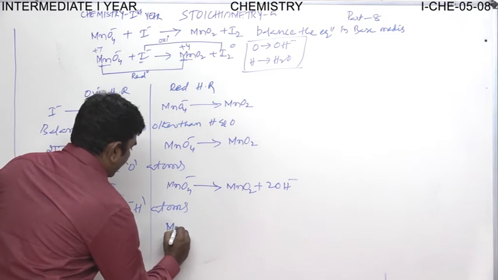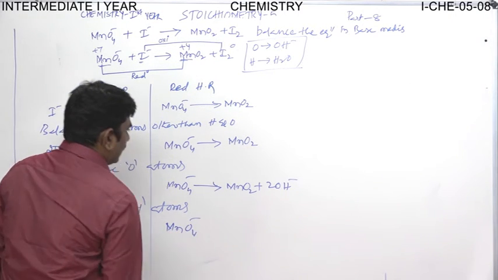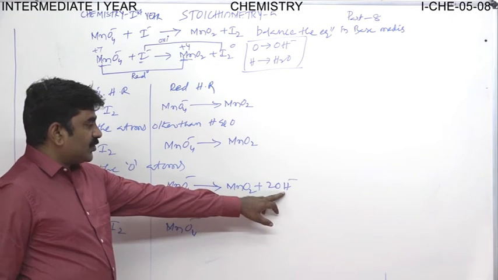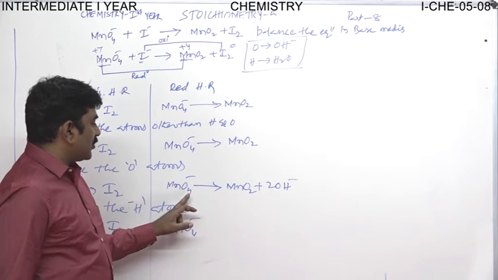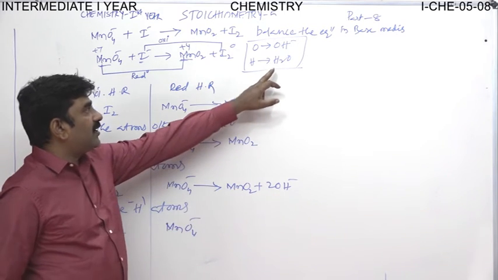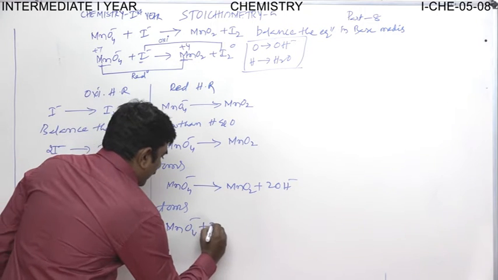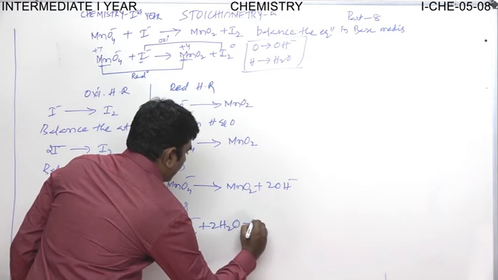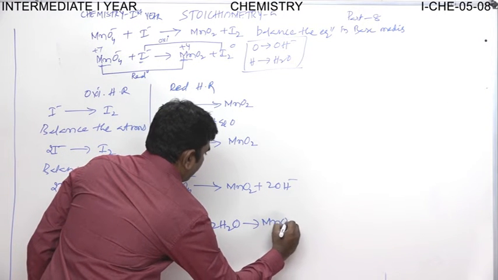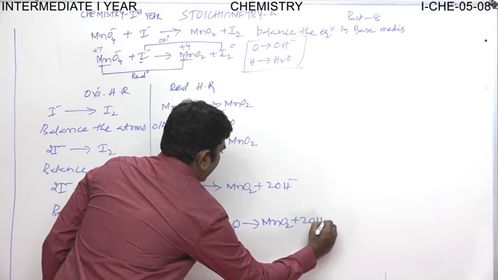Here I write MnO4 minus, and this side 2 hydrogens are deficient. Therefore we write 2H2O. MnO4 minus plus 2H2O give MnO2 plus 2 OH minus.